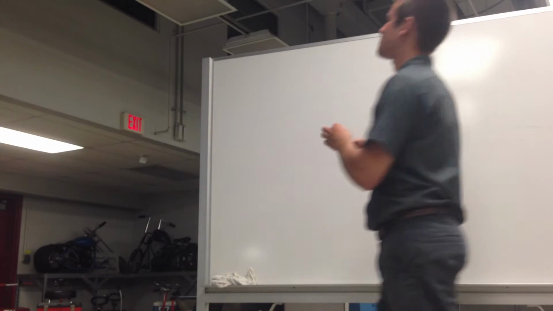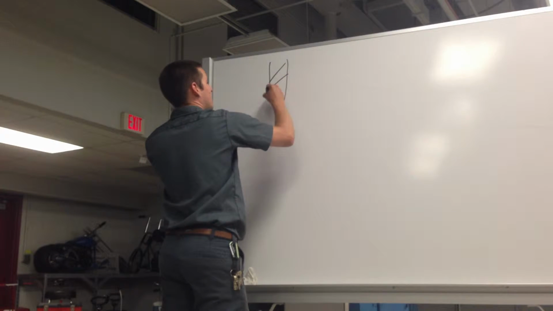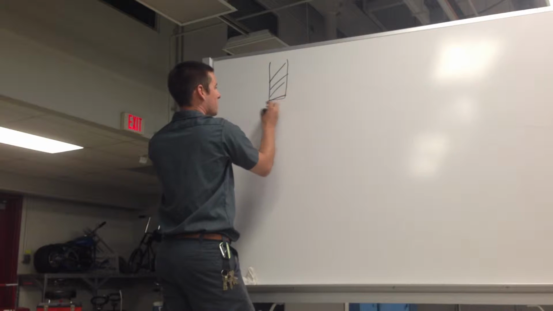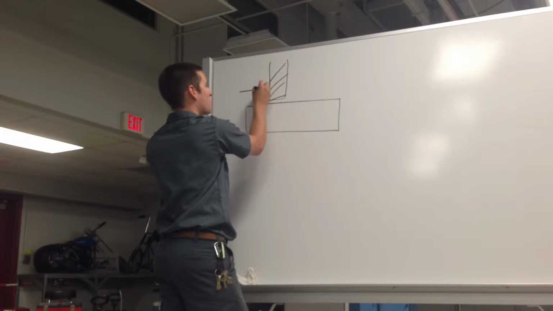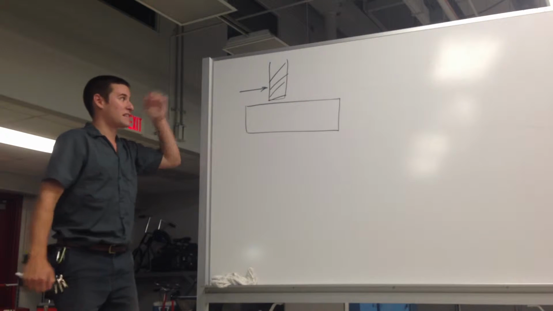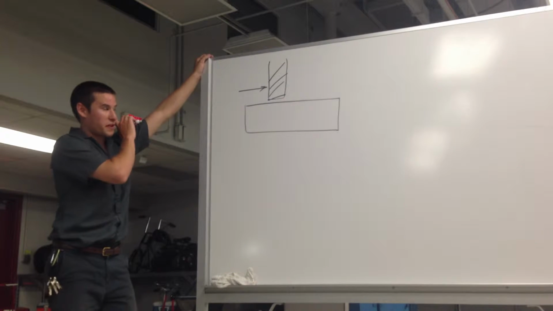So let's do one of these. What are we talking about here? We're talking about how fast my tool is being fed into the part. Or if you want to think about it as the tool being stationary and the part being fed, whatever works for you.